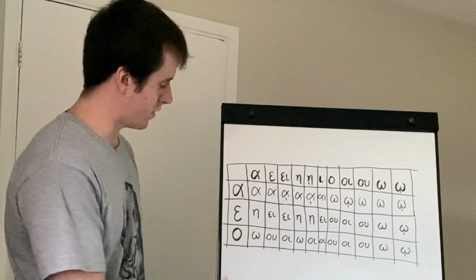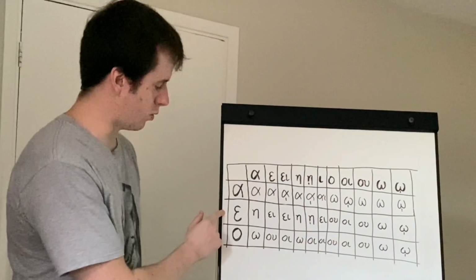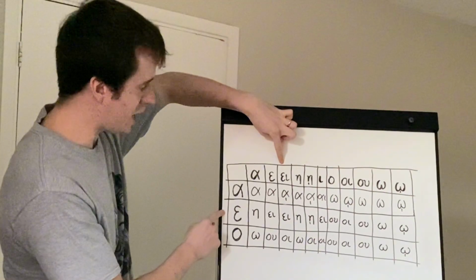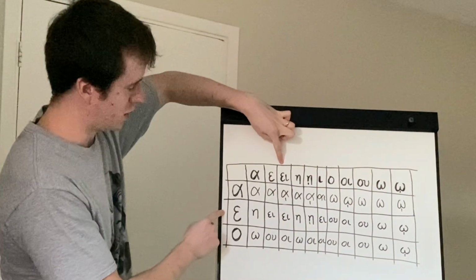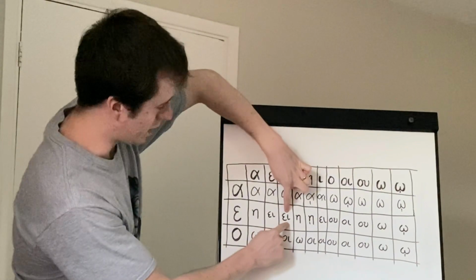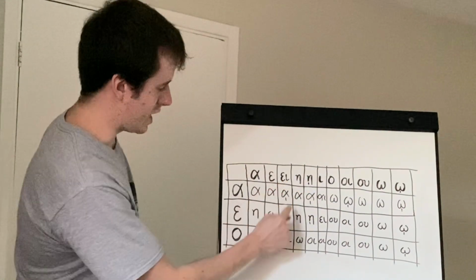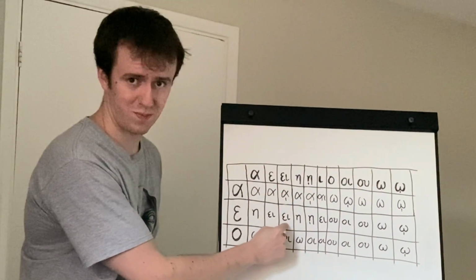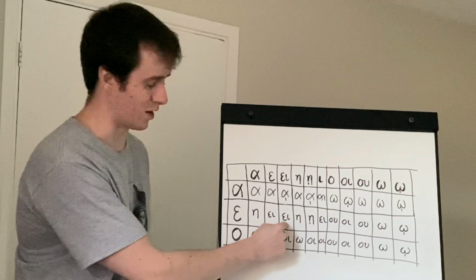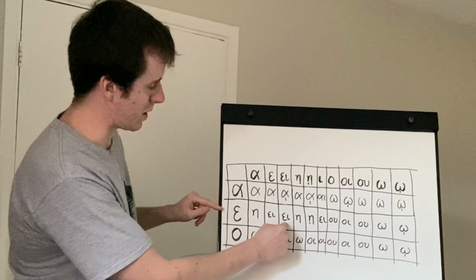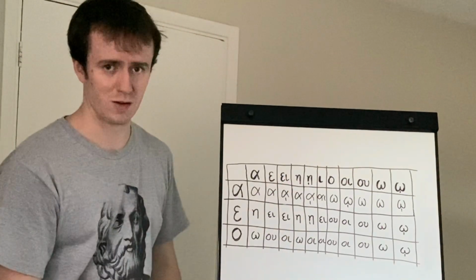So you can see the way this works. If you have a verb whose stem ends in epsilon and you want to add the person ending ei, epsilon iota, you could follow them and find that epsilon plus ei makes ei, epsilon iota. So the epsilon is essentially replaced with epsilon iota.